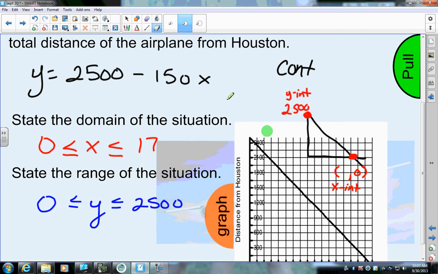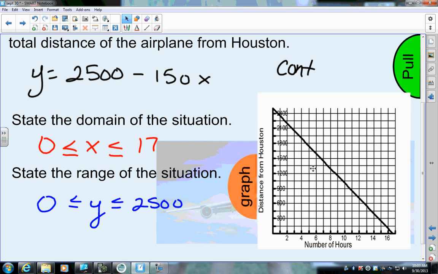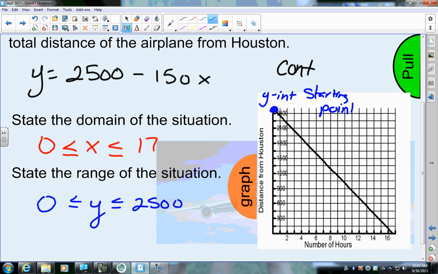My graph, let me erase my ghetto graph. Here's my graph. So again, up here at 2,500, this is my y-intercept where it crosses the y-axis. That's my starting point. Where it crosses my x-axis, my x-intercept, that's when the plane lands.